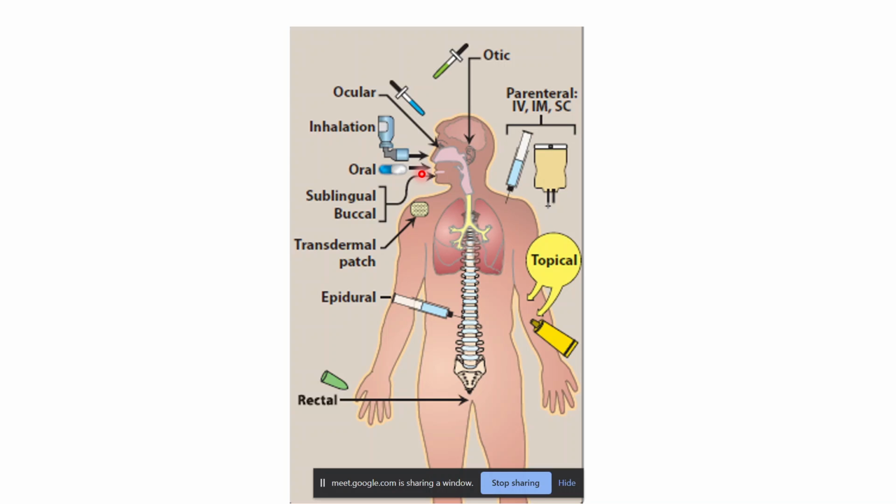Sublingual is when the tablet is placed under the tongue, and transbuccal is when the tablet or the drug is placed between the gums and cheek, like candy, for example.